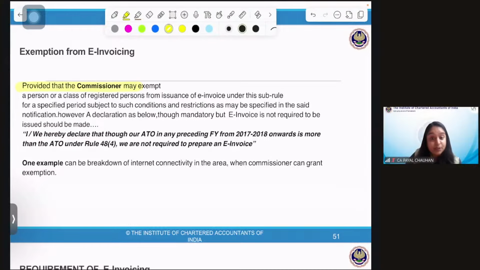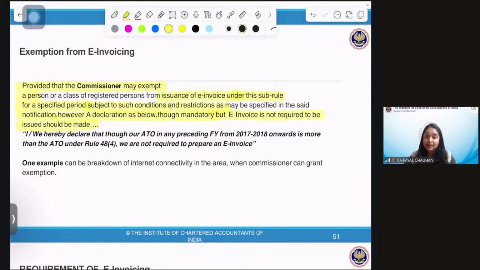Provided that the commissioner may exempt a person or a class of registered persons from issuance of e-invoice under this sub rule for a specified period, not for every day or for every time, for a specified period, subject to such conditions and restrictions as may be prescribed in the said notification. However, a declaration as below, though mandatory, but e-invoice is not required to be issued, should be made.